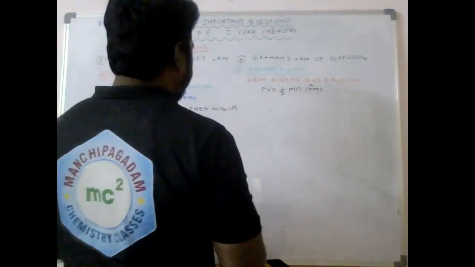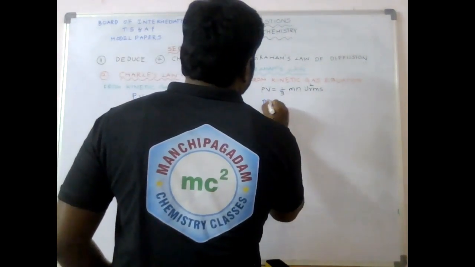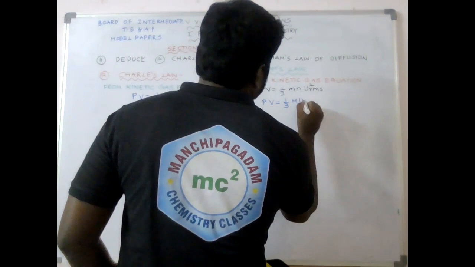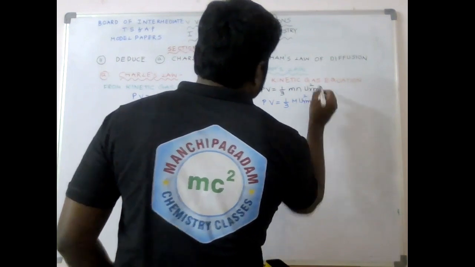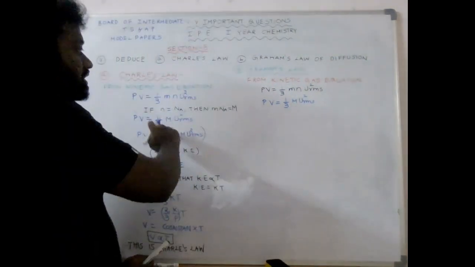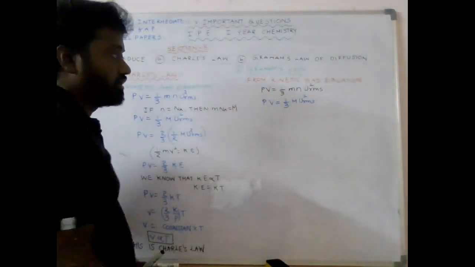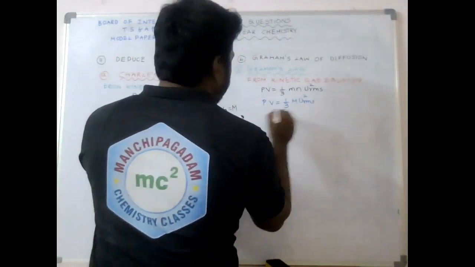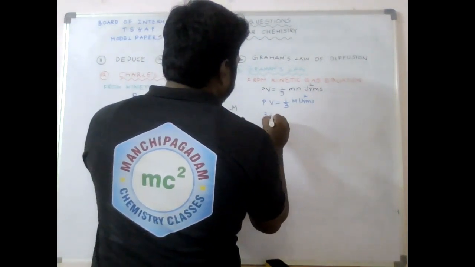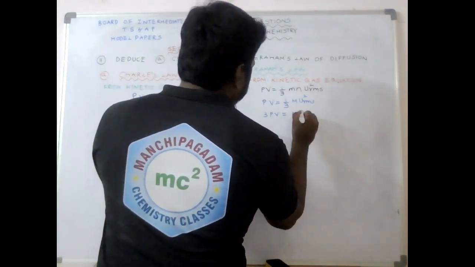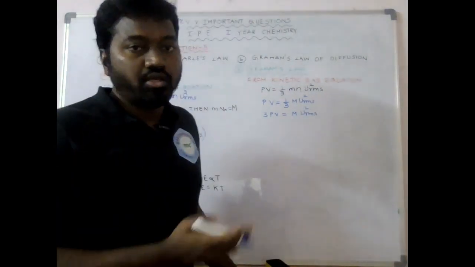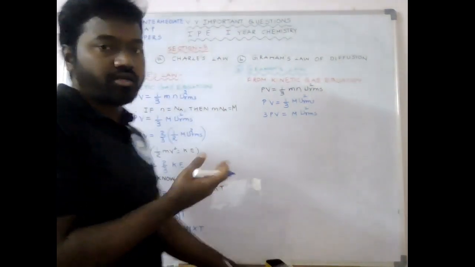Next we can write PV is equal to 1 by 3 m URMS square directly from this. Now, from this, what is URMS square? Do the cross multiplication: 3 PV is equal to m URMS square. But we want URMS square.